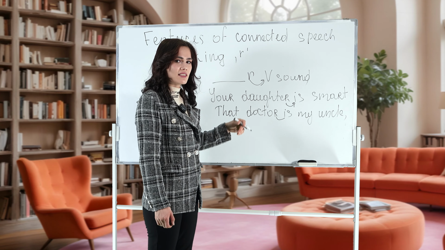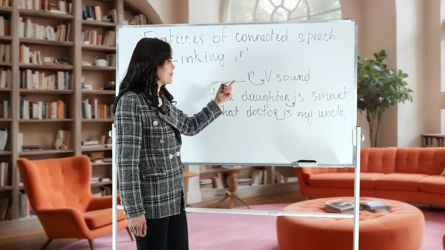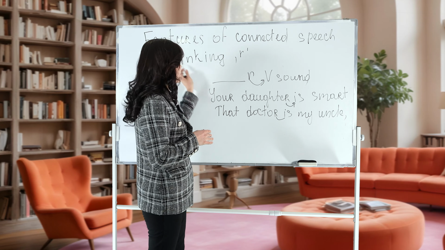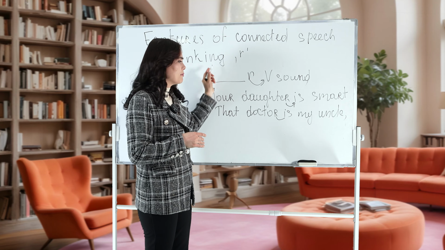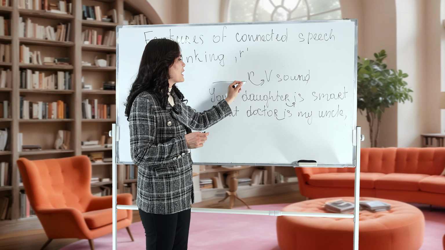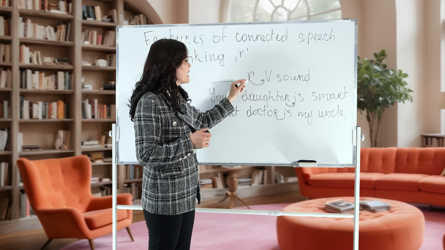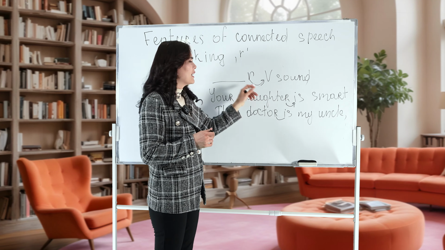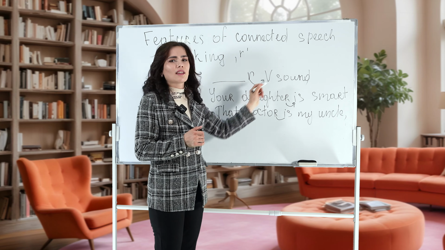It is another example for linking R. So let's move to the rule to conclude about this feature of speech. Linking R means that at the end of the word where R is not pronounced, but when it is followed by a vowel sound in the next word, it can be pronounced to link the words.